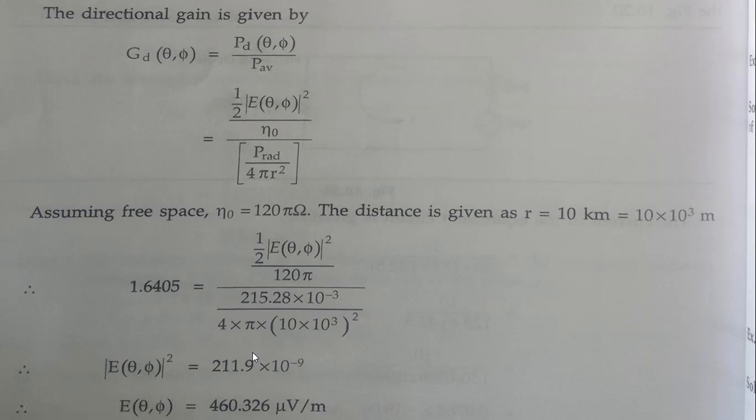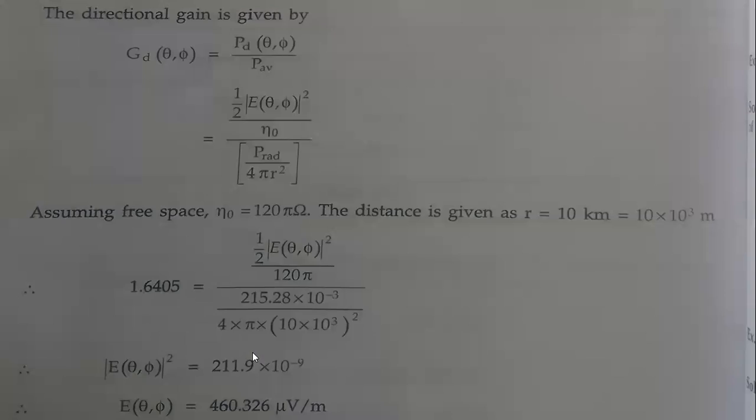In this way, mod of E theta phi you will get as 211.9 into 10 to the power minus 9. Taking without the mod square, E theta phi is 460.326 microvolt per meter.